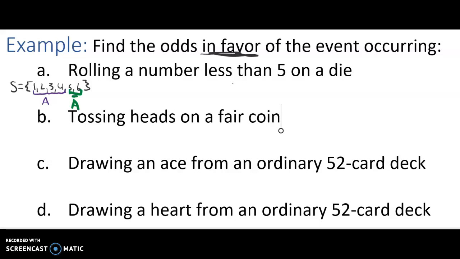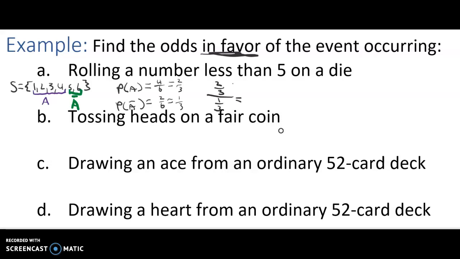So our probability is going to be, the probability of A is going to be 4 out of 6, or 2/3. The probability of the event not A is going to be 2 out of 6, or 1/3. So using our formula, we're going to have 2/3 divided by 1/3.